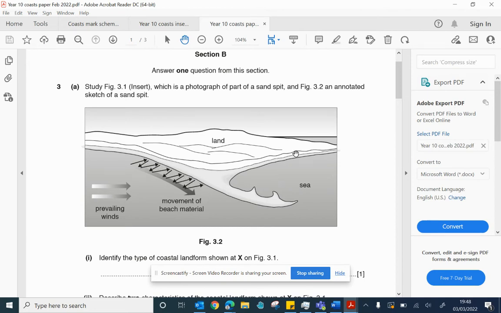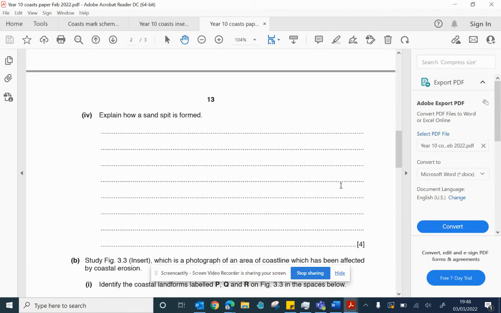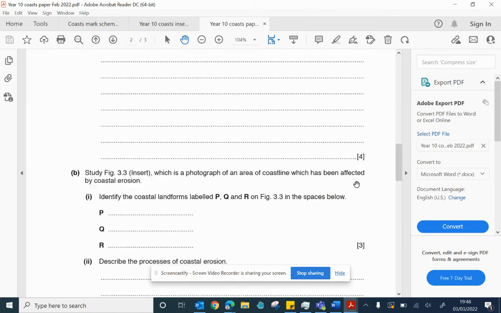When the coastline changes direction, that's important, and the water is shallow enough, sand will be deposited, maybe at the mouth of a river, and then you can maybe mention the recurved end, which can form when the wind changes direction. Okie dokie. So 4 marks there for 4 clear statements regarding how the sand spit forms.